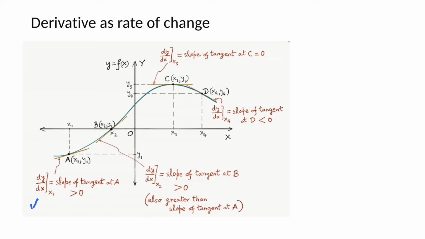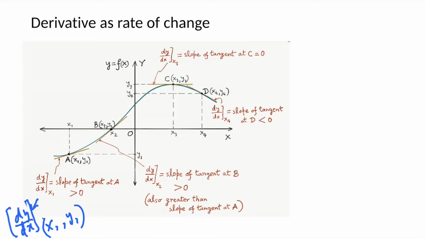So for example, one can more explicitly write this as dy by dx when we are at the point (x1, y1), which is the same as saying that we are at the point x1, because at a particular point x1 the function takes a unique value y1.